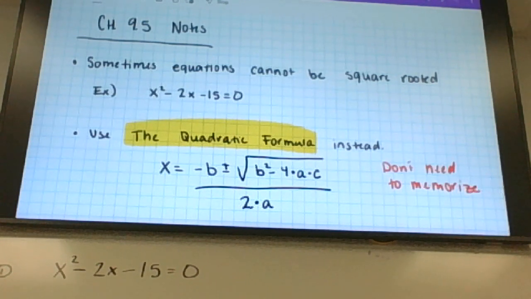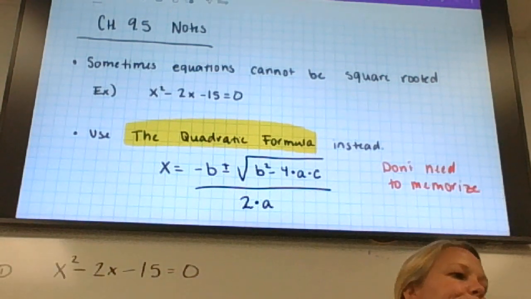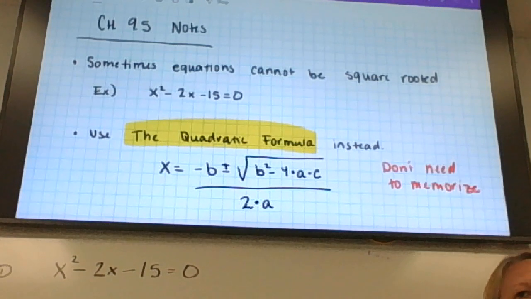Alright, how do we plug in and simplify this formula? We're going to solve this. We're going to find out what the x-intercepts are, find out what x equals. Number 1 here. It can't.